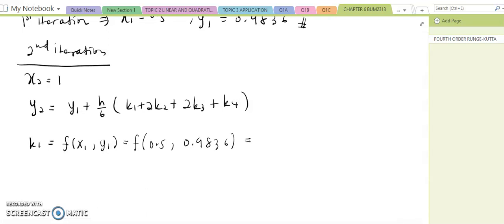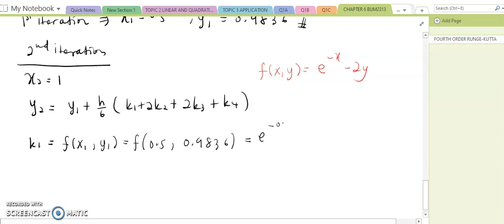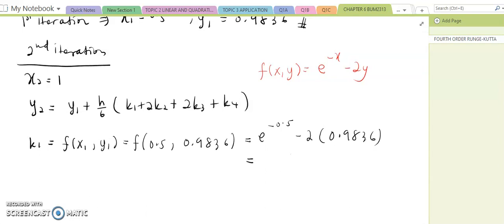Okay, and you just substitute into our fxy function, exponent negative x minus 2y. So it is exponent negative 0.5 minus 2 times 0.9836. So k1 value is negative 1.3607.